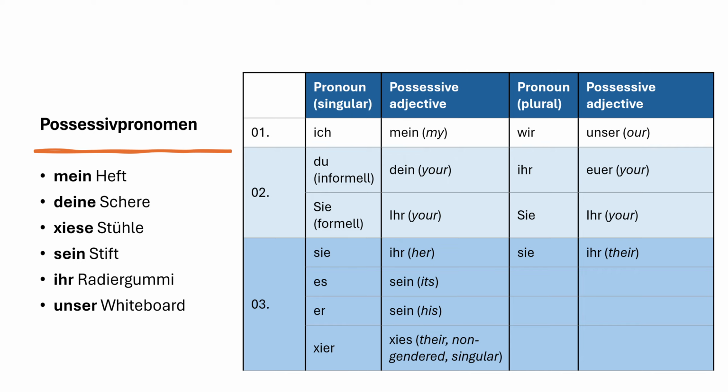Because those share an ending. Or is it plural or feminine? Because those share an ending. So mein Heft, deine Schere, süße Stühle, sein Stift, ihr Radiergummi, unser whiteboard. So pause and just consider these things and see if you can guess whether it's masculine neutral or feminine plural.